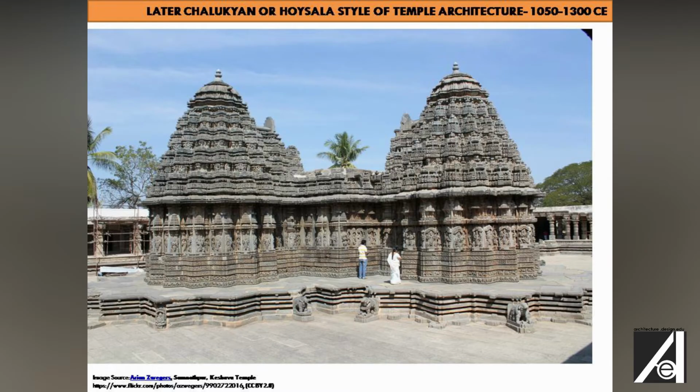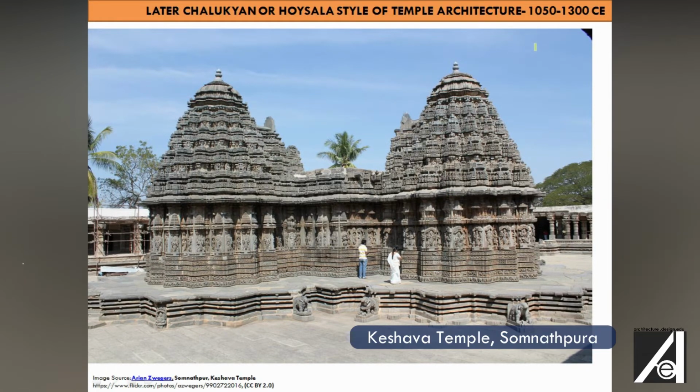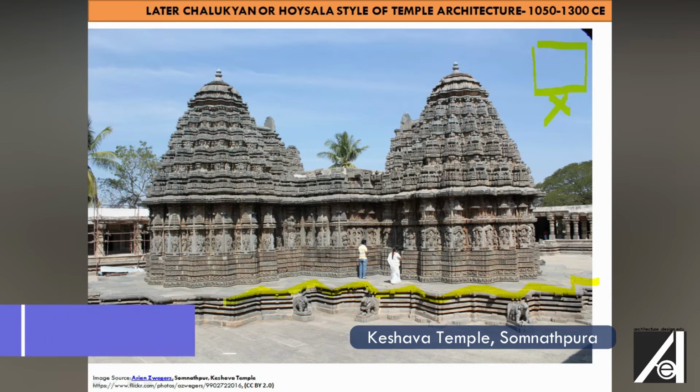The Hoysala temples are usually elevated onto a 1 meter high platform, the Jagati. The shape of this platform is not regular but follows the plan of the temple, consisting of projecting and receding walls, and it acts as the outer pradakshina path, as the Garbhagriha does not have a circumambulatory path.